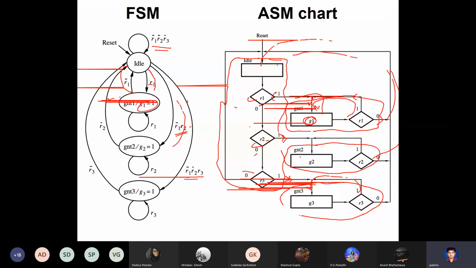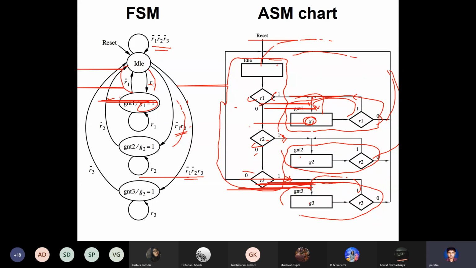If you really look at not toy examples, but really complicated designs, the initial specification will be like an algorithm, and that is much more easily represented by the ASM chart rather than an FSM diagram.